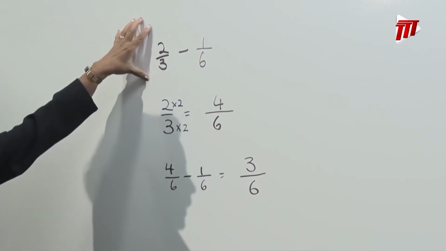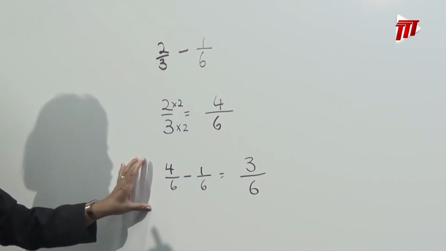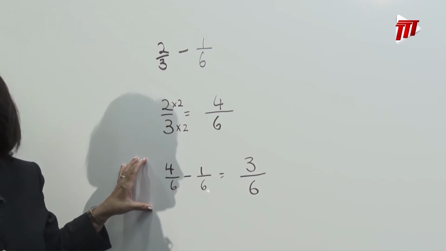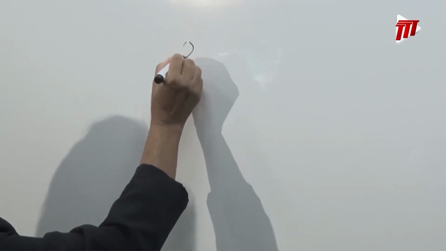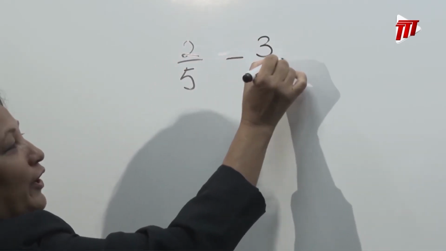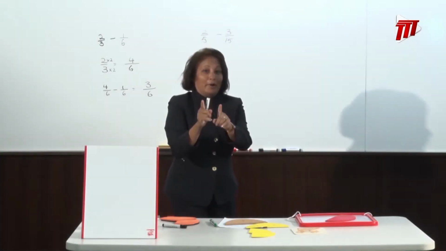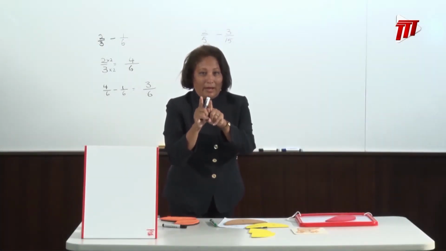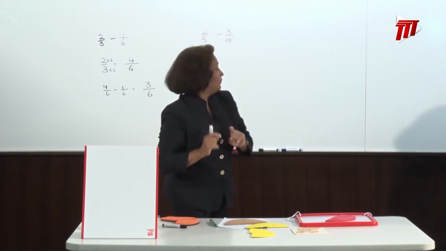So we started with things that are different. We ended up with something that we're familiar with, something that we like, something that is easy, and we get our answer. 2/5 minus 3/15. Remember, checking to see if the denominators are the same.